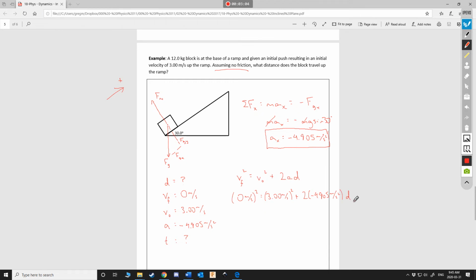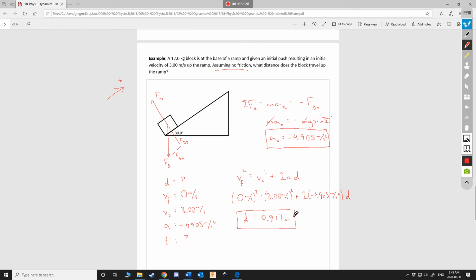Rearranging this equation, we move the 3 squared, which is 9, over, so it becomes negative 9. Divide by 2, divide by 4.905. We find our displacement is equal to 0.917 meters.